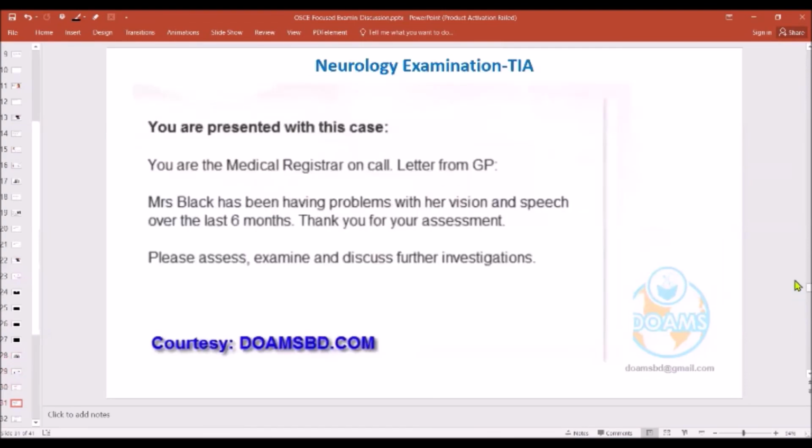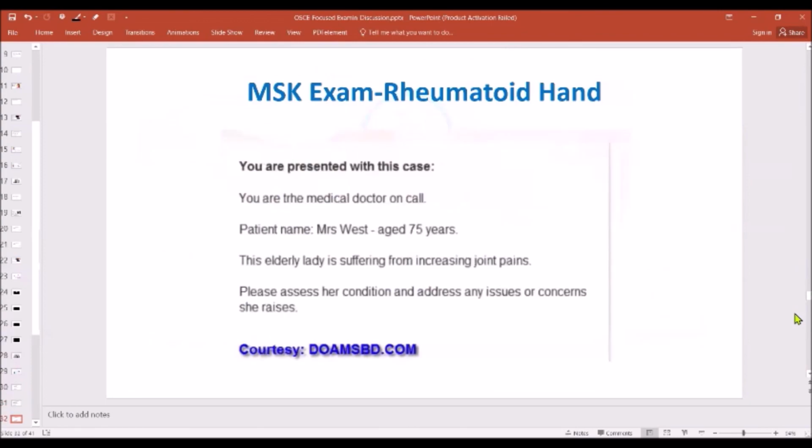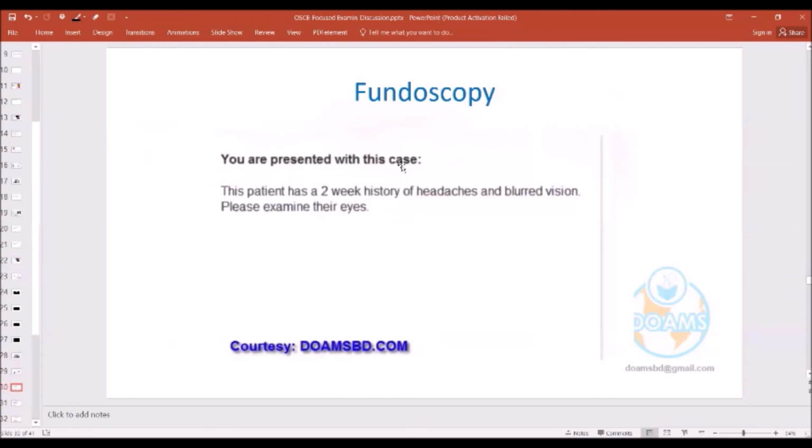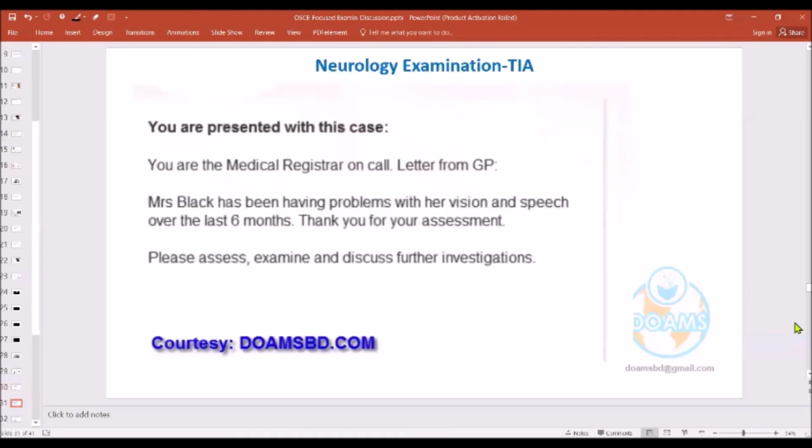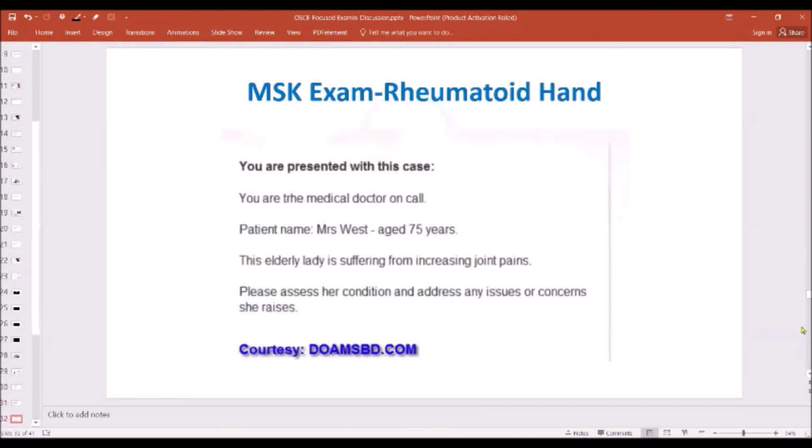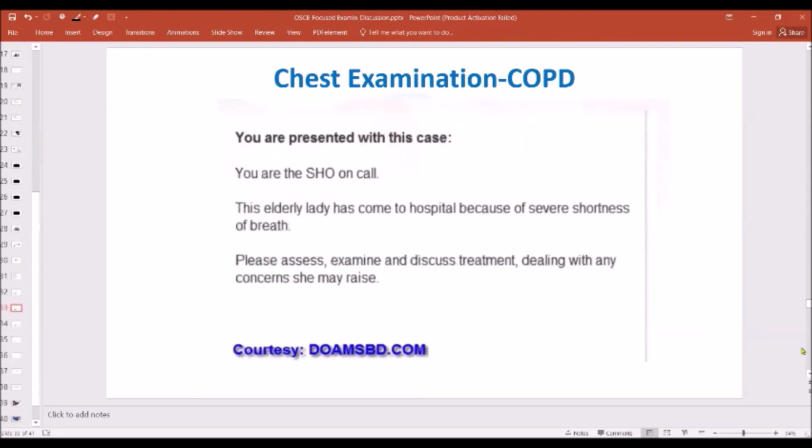Usually fundoscopy is not needed to be done by yourself until today, but in future it may be included. But you need to know the fundoscopic findings. That is the fundoscopic picture. We already have a fundoscopy session. You can find it again on YouTube. And neurology examination, maybe upper limb or lower limb. Okay. Musculoskeletal, especially the rheumatoid hand.